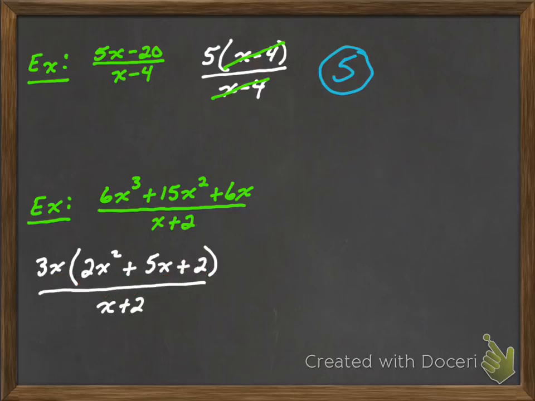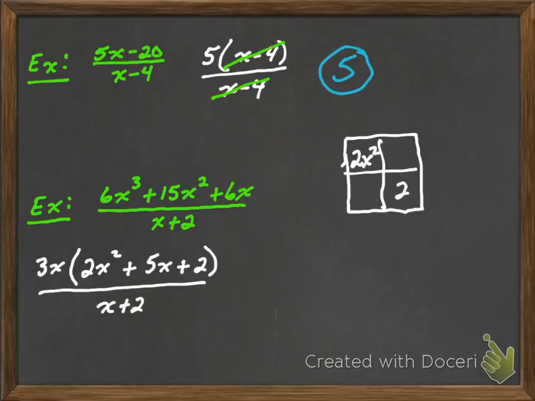However, if you look at this parenthesis, we have a trinomial. So we want to try to factor this a little bit further. There is a number in front of the x squared, so let's use box method for factoring this. Your 2x squared would go in here. Your 2 would go here.